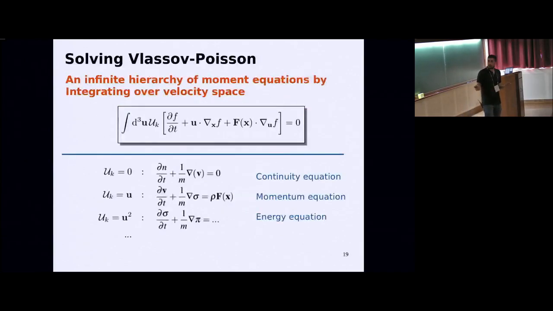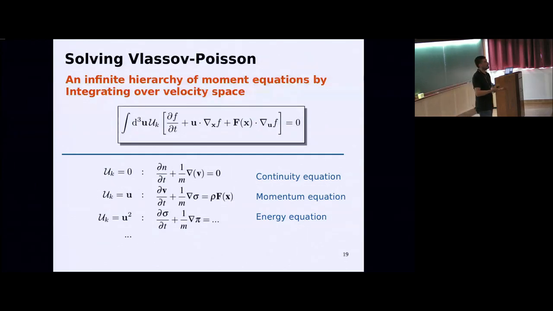But before that, we go back to the Vlasov-Poisson and we can say, well, let's try to solve it. A way that you can try to solve it is by taking moments of this equation. So velocity moments. You integrate the Vlasov-Poisson over all velocity space times velocity to some power, right? The zeroth power, after some math, you can demonstrate that that leads to the continuity equation.